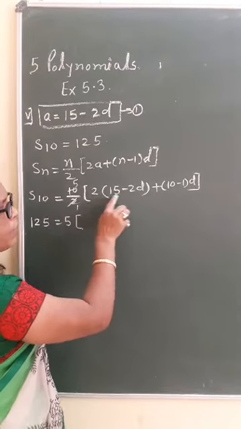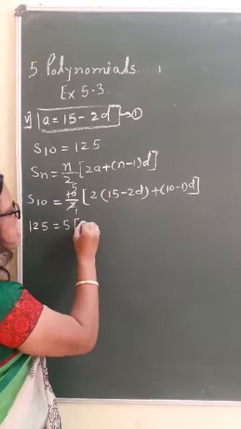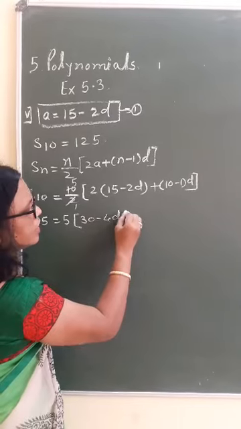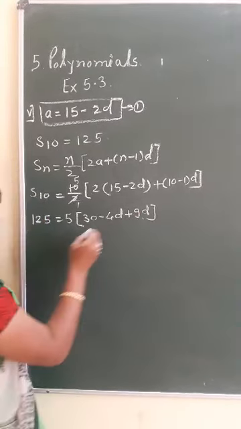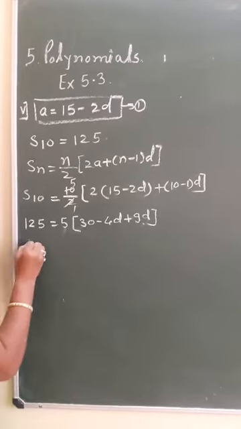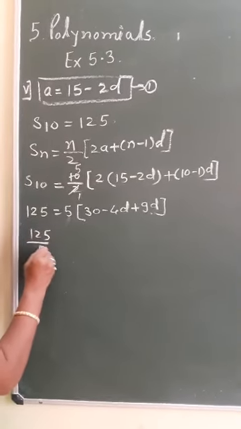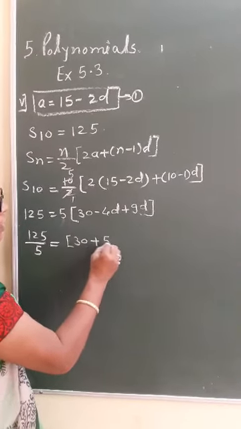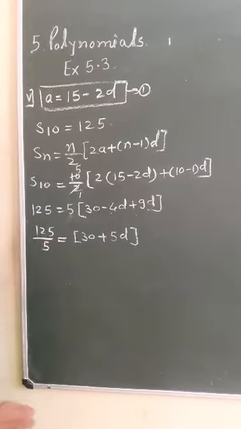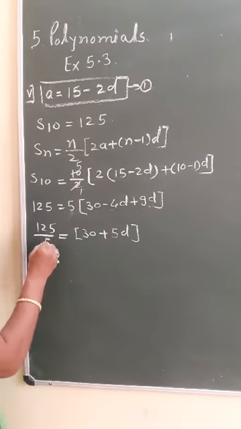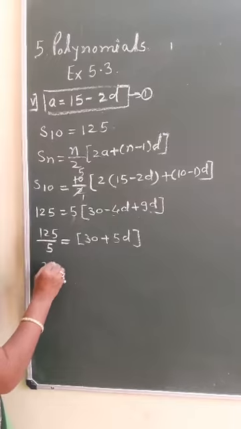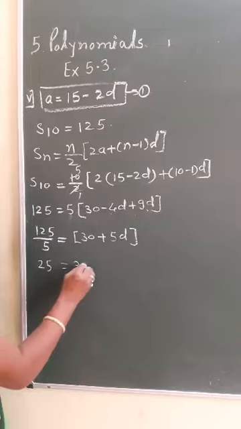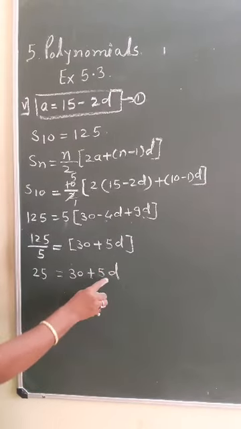Now we have to multiply this bracket by 2. 15 twos are 30 minus 4D, and 10 minus 1 is 9D. So we will shift this 5 to here, means 125 divided by 5, which is equal to 30 plus 5D, because minus 4D plus 9D is nothing but 5D. 25 fives are 125, which is equal to 30 plus 5D. We have to find the value of D.